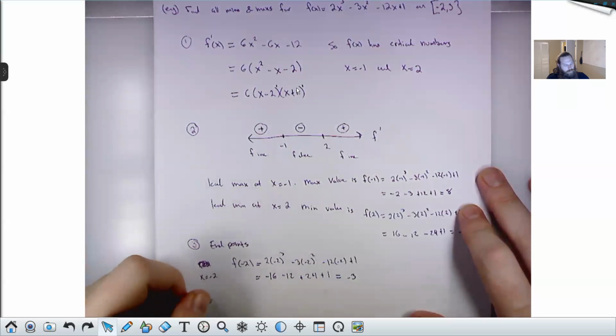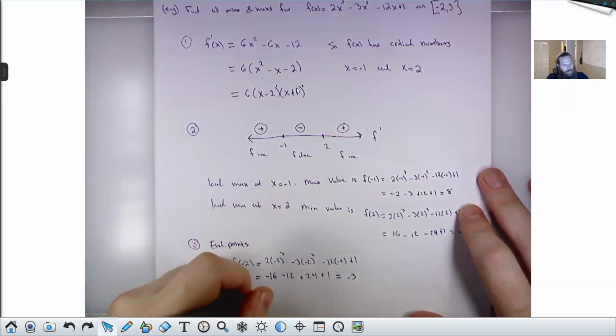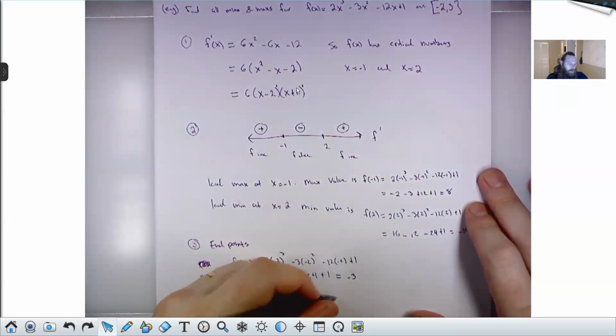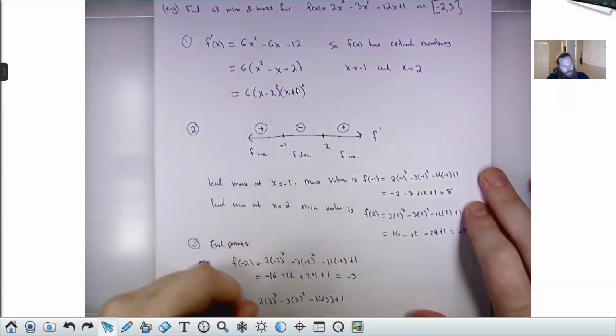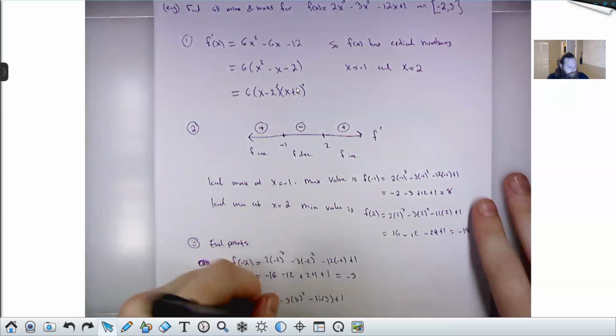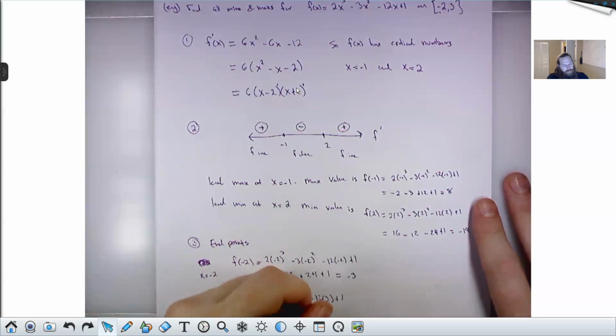At the endpoint x equals 3, f of 3 is 2 times 3 cubed minus 3 times 3 squared minus 12 times 3 plus 1. What is that? That's 2 times 27. That's 54. Minus 3 times 3 squared, that's minus 27. Minus 12 times 3, that's minus 36 plus 1.